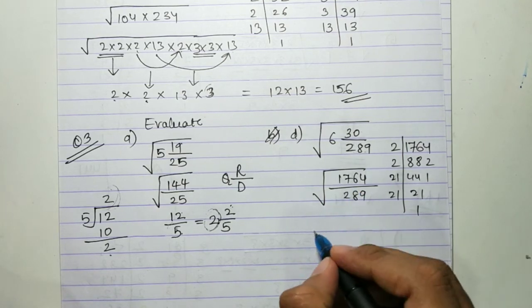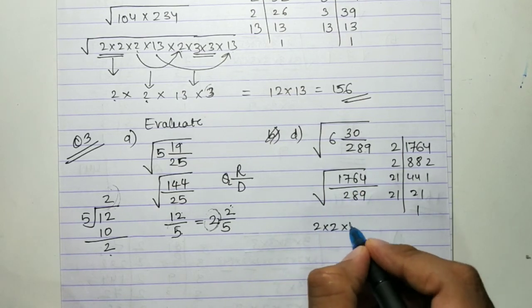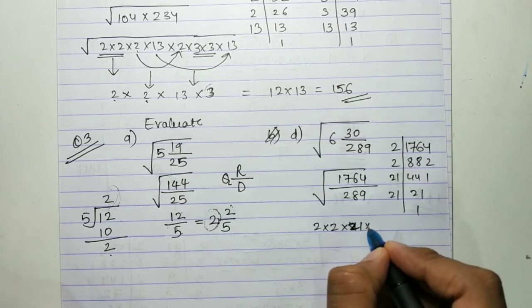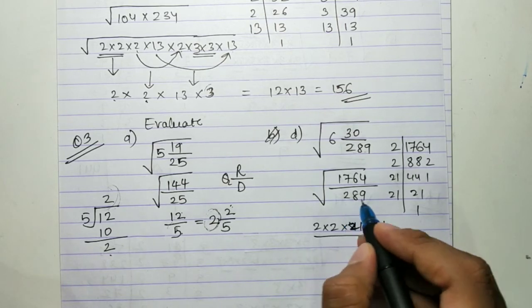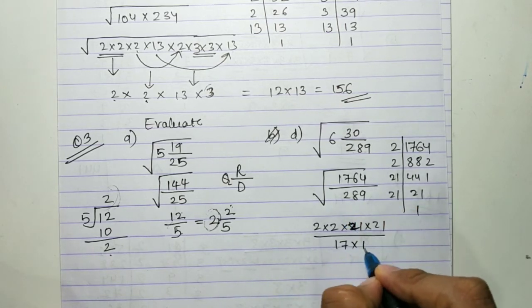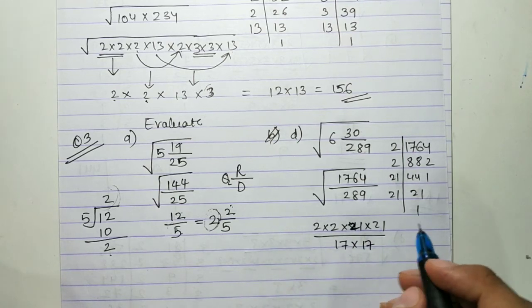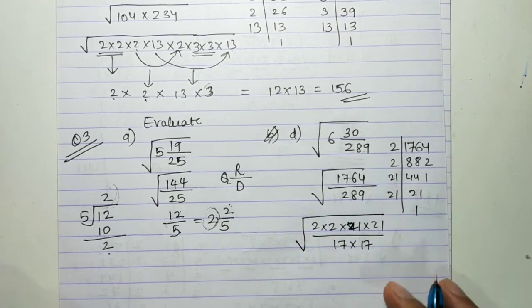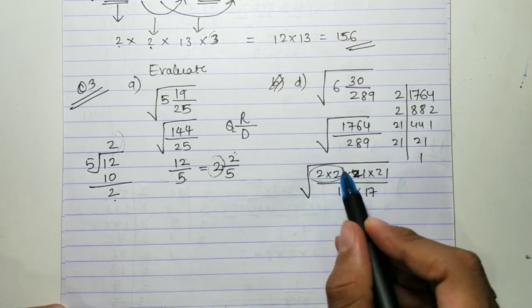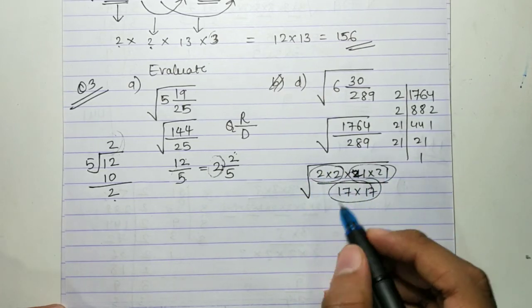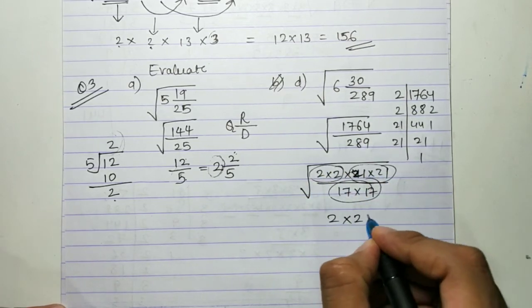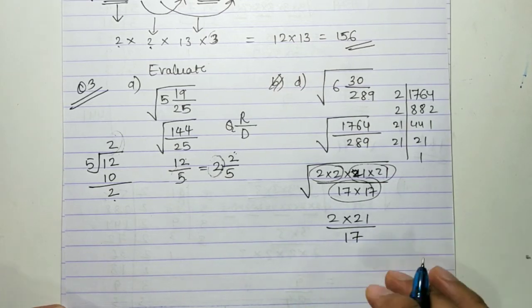Okay, so what will be its square root? 2 into 2 into 21 into 21 upon 289 is 17 into 17. Okay, you must know the squares of 1 to 30. Okay, now take the square root, so take one from each pair. So in the numerator one 2 will come, one 21 and one 17.